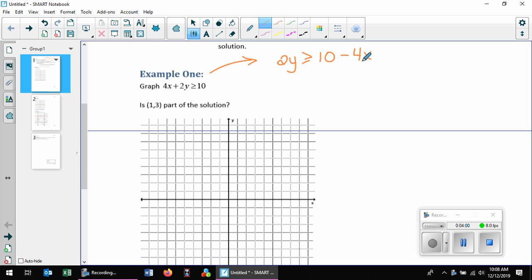So if you don't know that, or you need to remember that, that would be something I've written down. So I'm going to divide by a positive 2. So if I'm dividing by a positive 2, my sign does not change. Okay, still not the right form. Do we all feel better about graphing that line?